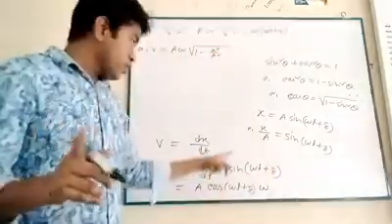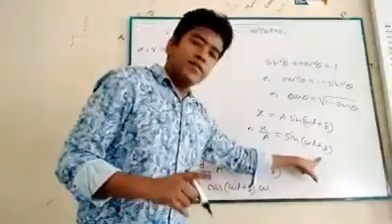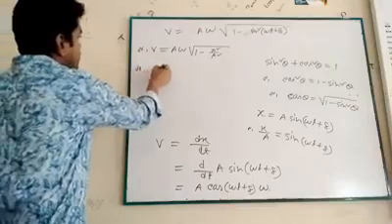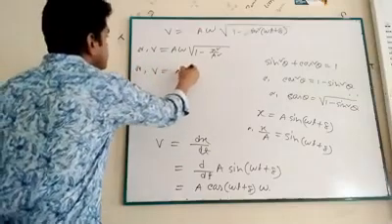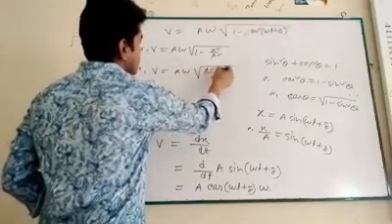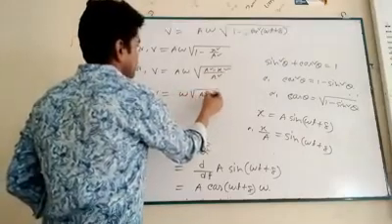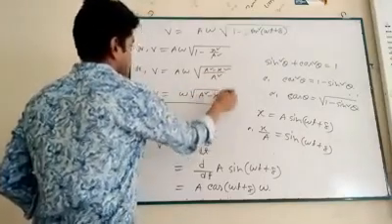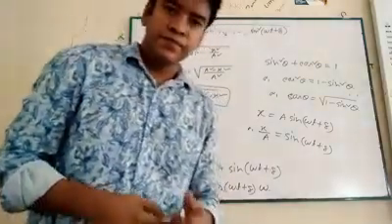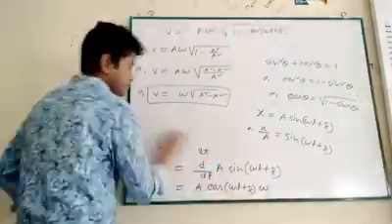So I can write x square by a square instead of sin square(omega t plus delta), if I square this equation. And now I can write v equal to a omega square root of (a square minus x square) by a square, or v equal to omega square root of a square minus x square, as the equation of velocity.